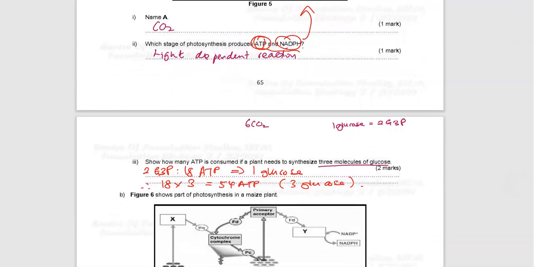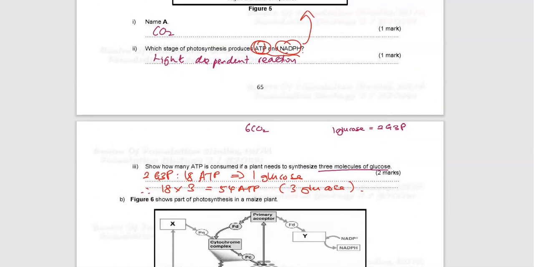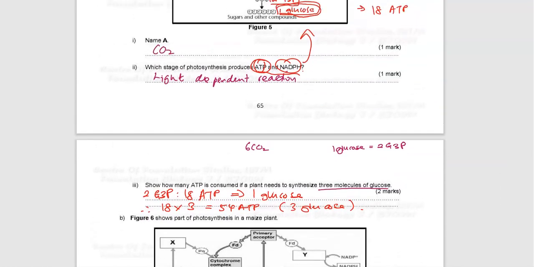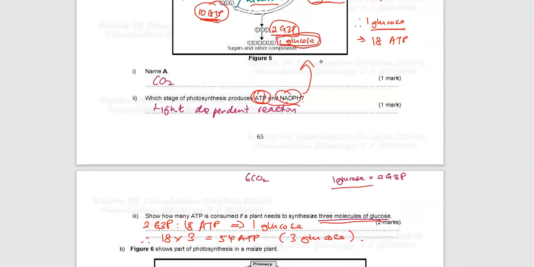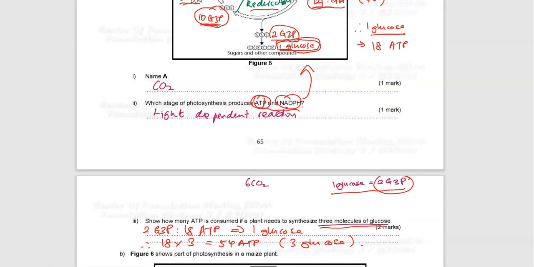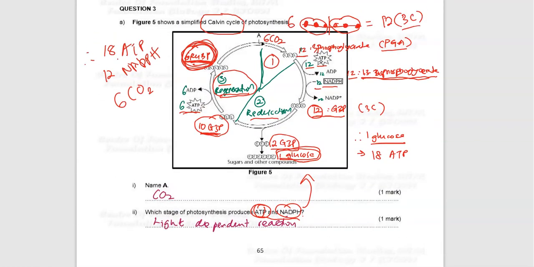Next question: show how many ATP are consumed if a plant needs to synthesize 3 molecules of glucose. Tadi kita dah tahu kan, untuk 1 molecule glucose dia perlukan 2 molecule of G3P. Untuk menghasilkan 2 molecule G3P ni, dia perlukan berapa? 18 kan? 18 ATP, 12 NADPH, 6 carbon dioxide.